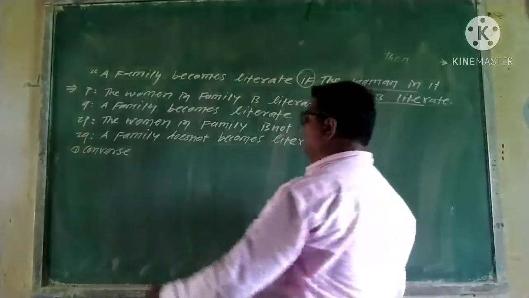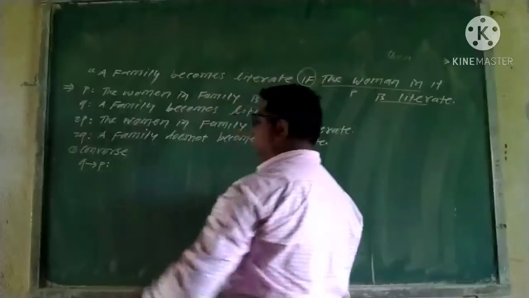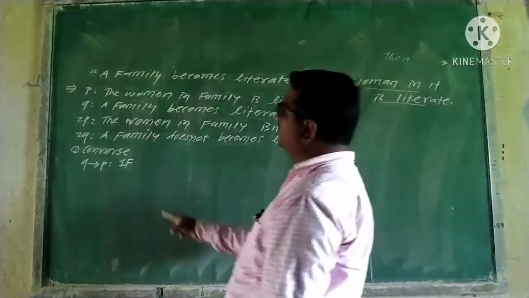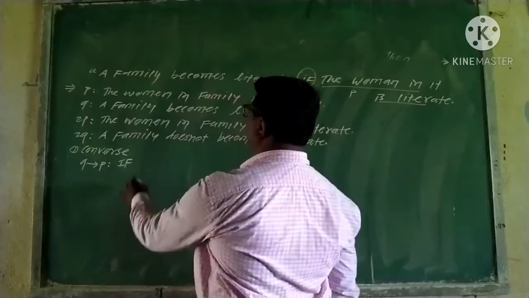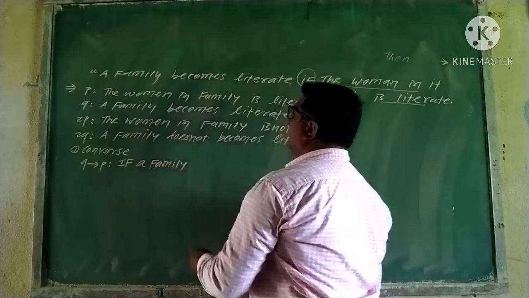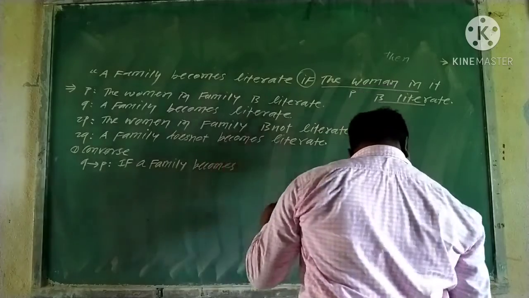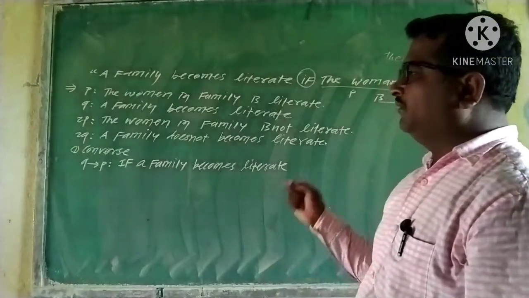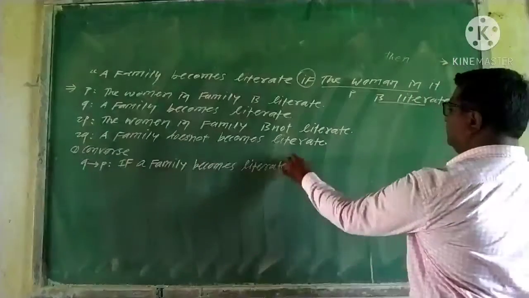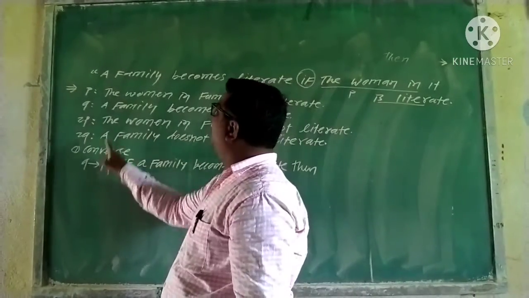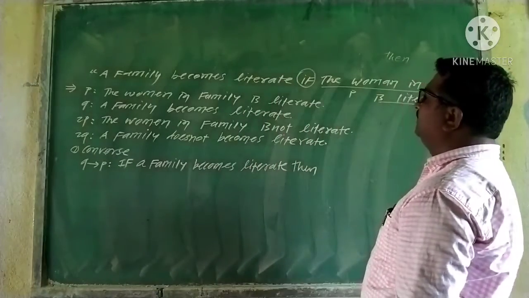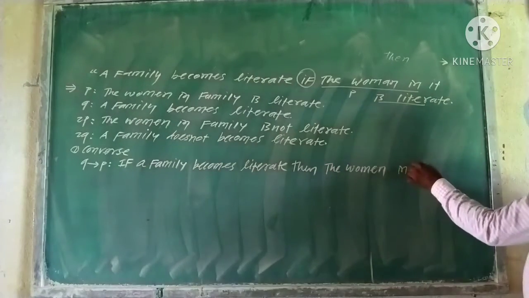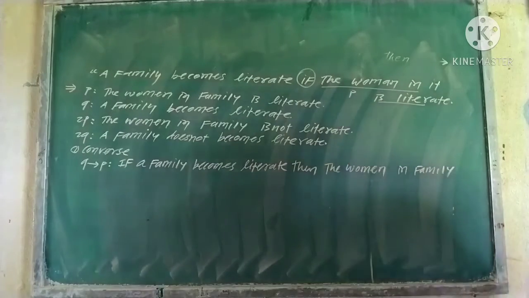Converse is Q implies P. Here we write: if statement Q, a family becomes literate, then statement P, the woman in the family is literate.